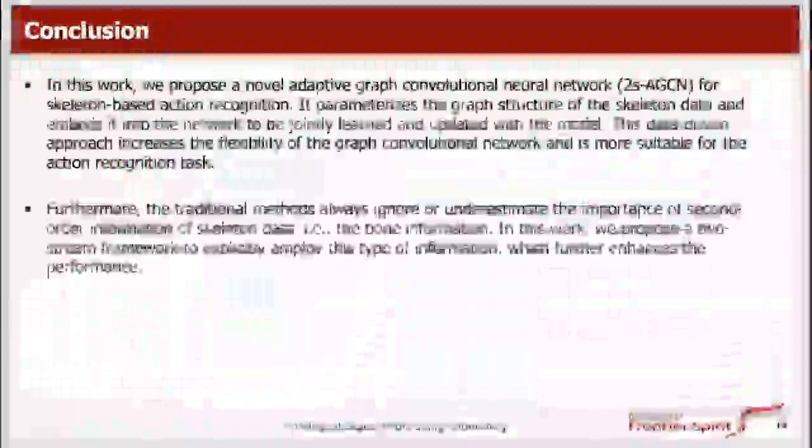And for the conclusion, we can see the proposed method is a novel adaptive graph convolutional neural network. Compared with ST-GCN, it is more flexible and data-driven. It increases the flexibility of the graph convolutional network, and it is more suitable for the action recognition task.